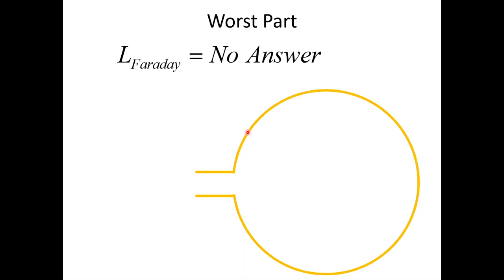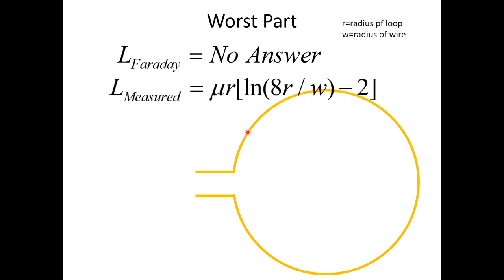Now, there is a thing called vector magnetic potentials. Oh, wait, is that next? No, before I talk about that, the measured value for a loop of wire, and this is measured and confirmed, is mu naught times the radius of the loop, times the natural log of 8 times the radius divided by w, which would be the radius of the wire.